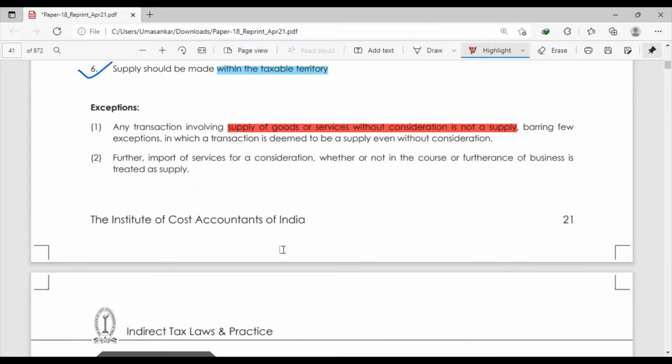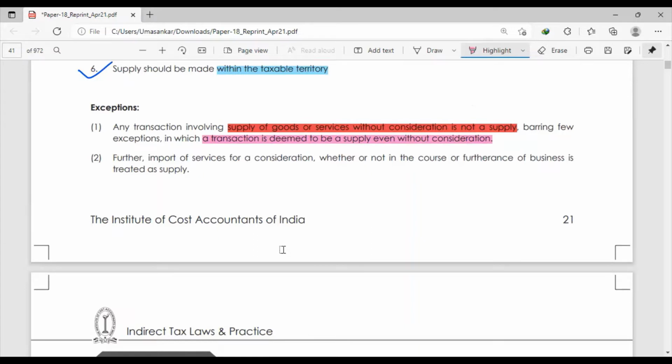But for this there is also an exception, an exception to the exception, in which a transaction is deemed to be a supply even without consideration. So there are some transactions in which we are not paying any consideration, but still it will be considered as a supply. We'll go deeper into this in the forthcoming notes.